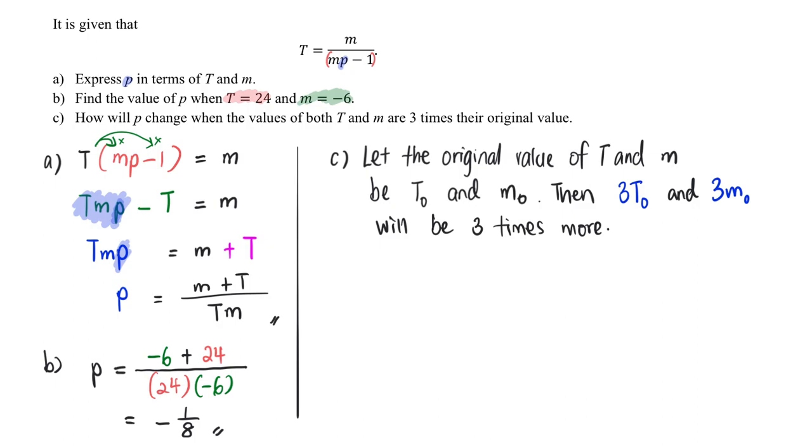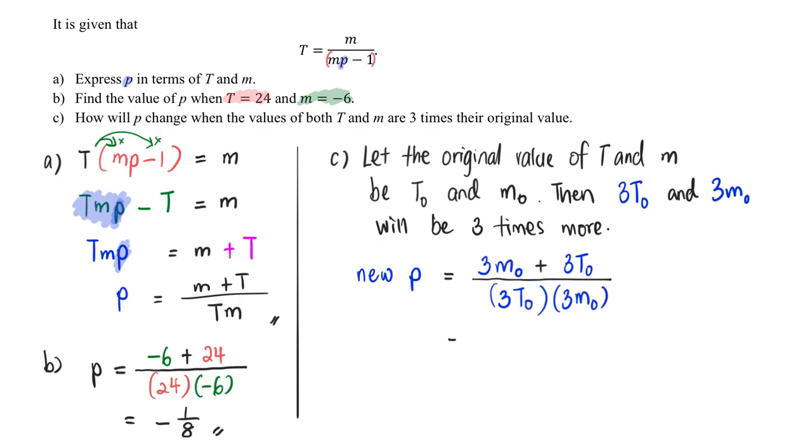So what will happen to my new P? My new P will be equals to 3M0 plus 3T0 over 3T0 times 3M0.